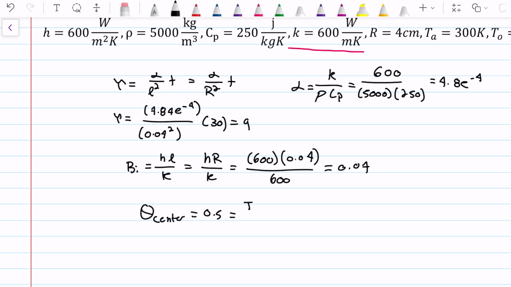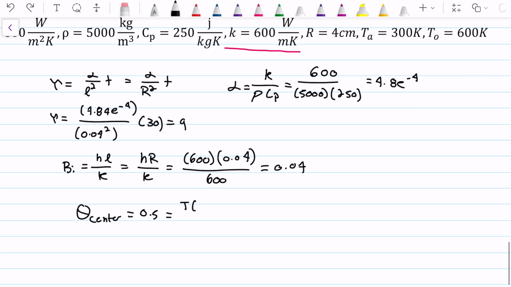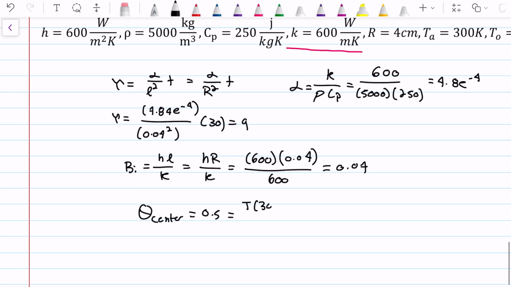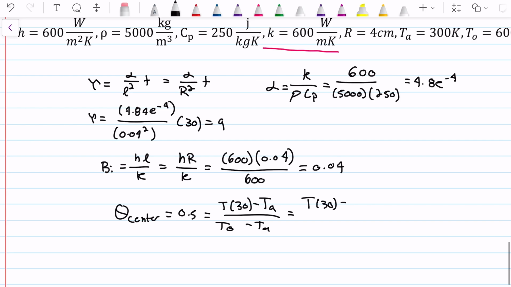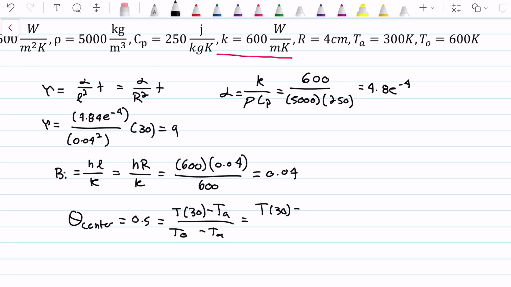And remember, the definition of dimensionless temperature is the temperature at some t, which we're solving for 30 seconds, minus your ambient, all over your initial minus your ambient. So we plug in our values. The ambient is 300 degrees Kelvin, initial 600, ambient 300 again.